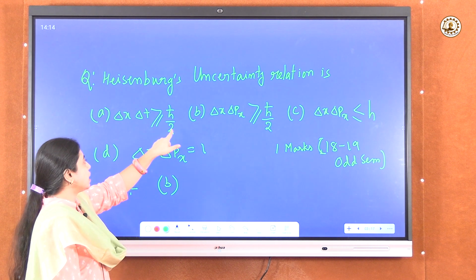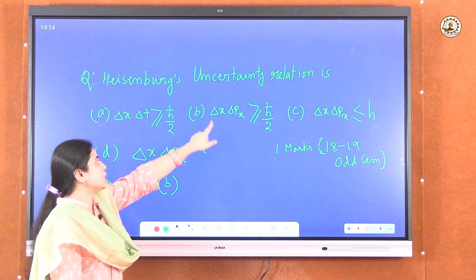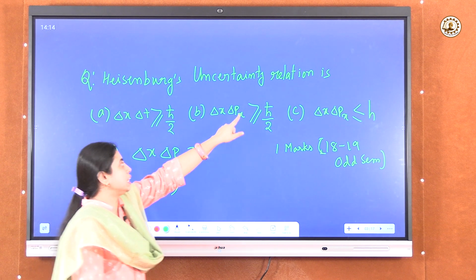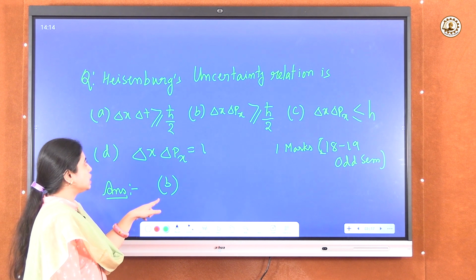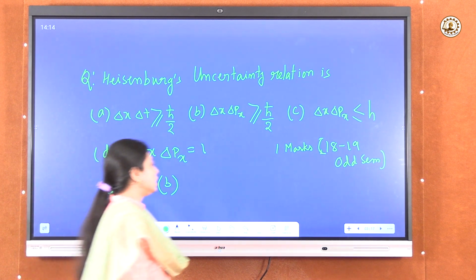So the correct answer is, as you have already seen, del x del px greater than or equal to h cross by 2. That is, B option is the correct answer.